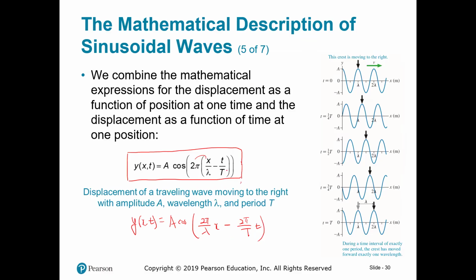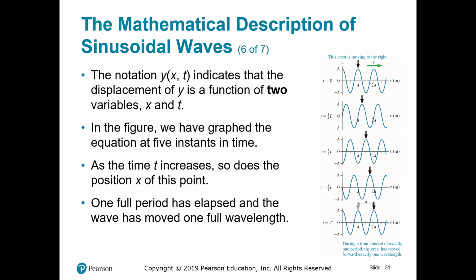You have to determine the sign based on the direction of motion of the wave. When the wave is moving to the right, it's minus; plus for left. So this is your final function.